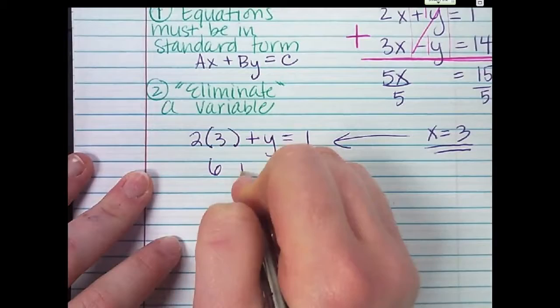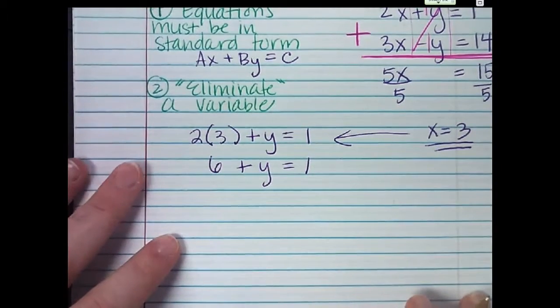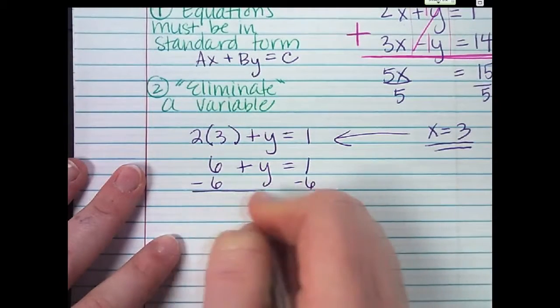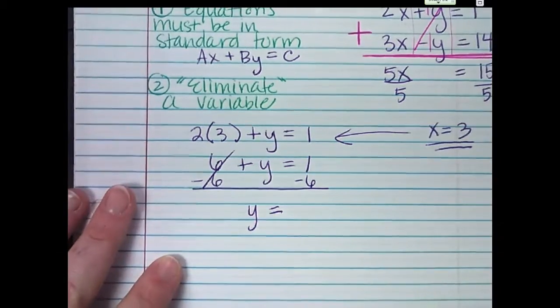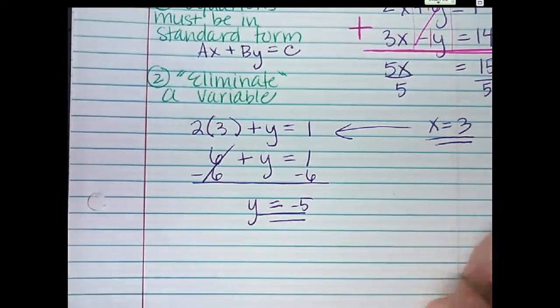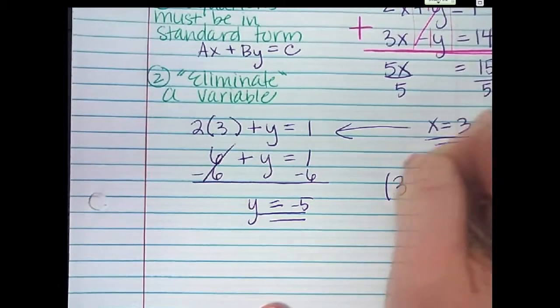So 6 plus y equals 1. Subtract 6. What does y equal? -5. Perfect, -5. And we just write that as the coordinate point. Let's do it like yesterday. 3, -5.